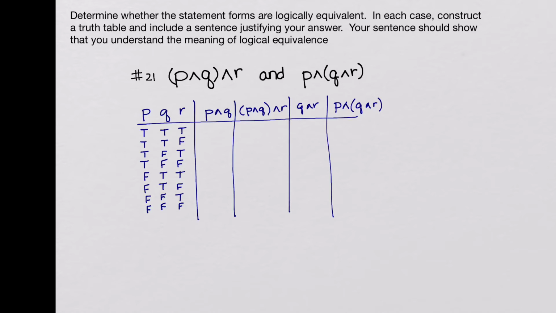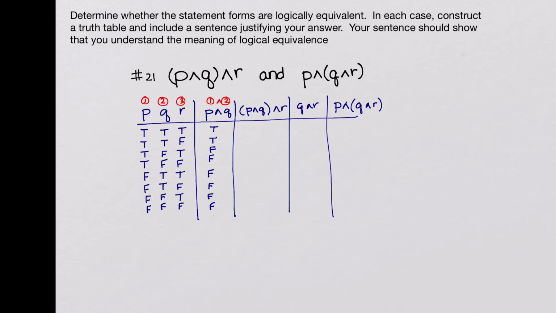Okay. Now, we have P and Q, so I'm joining together columns 1 and 2 with an AND. So this is going to give me true, true, and then the rest are going to be false because we have some false in there.